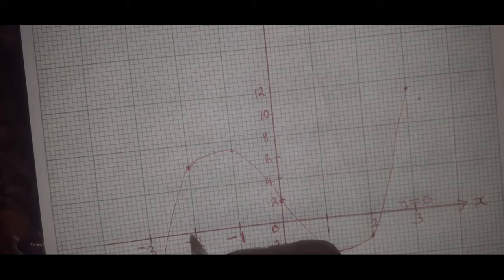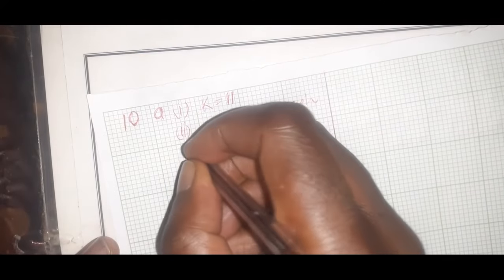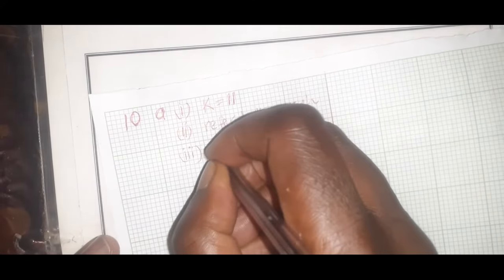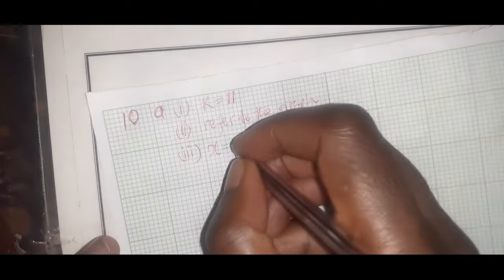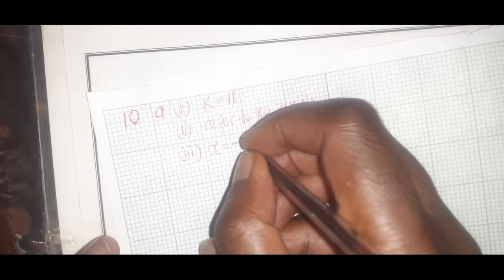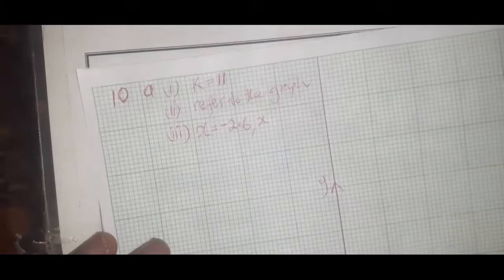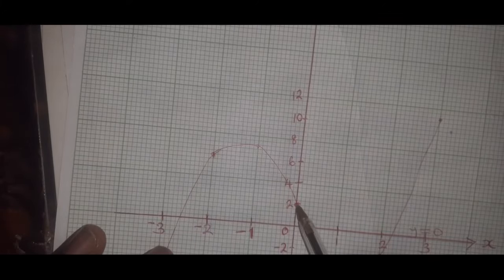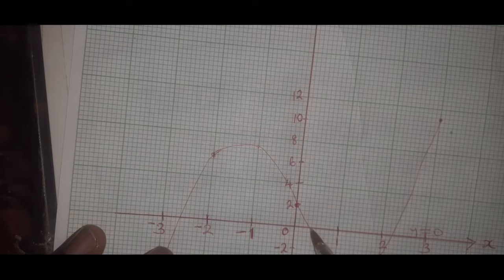So we're going to look at this, 1, 2, 3, 4, 5, 6. So the first one is going to be x is equal to negative 2.6, or x is equal to, what is the x here now?